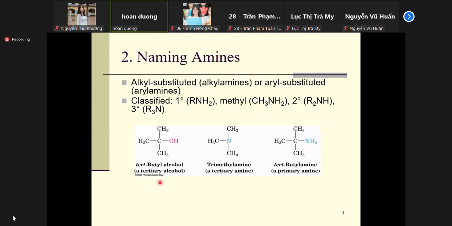All right, now we have to learn about the naming of amine. It's kind of a little different from the classification of halide in the past. So I should recall a little bit. In the past, you learned about halide, right?